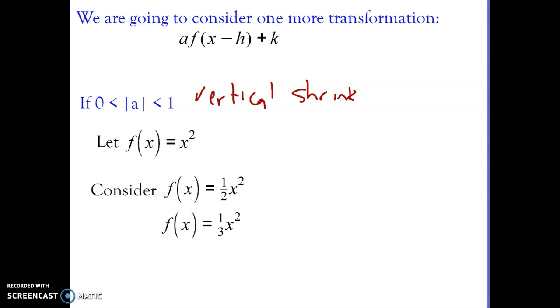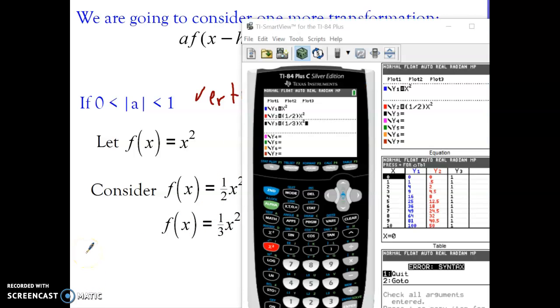Okay, so let's look on our calculator and let's see what happens when I have a shrink, when I have a value here that is less than 1, but still positive, still greater than 0. Okay, so I've got my parent function in there in y1, and then I've got my two vertical shrinks, 1/2 and 1/3, and I like to put all my fractions in parentheses when I put things in the calculator.